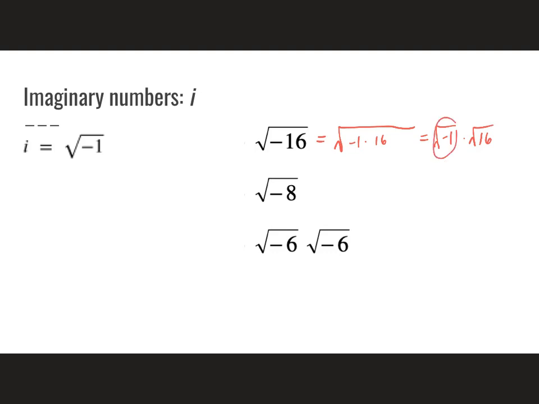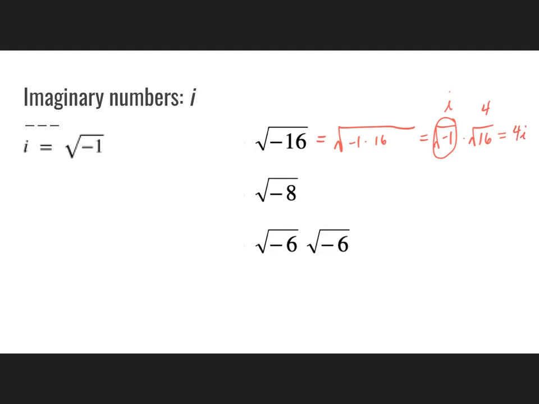Now, this square root of negative 1, this is exactly our definition for i. So I'm just going to replace that negative 1 with i. And something else I also realized is that the square root of 16, I can take pretty easily, and that's going to be 4, right? And so I can actually just rewrite this as 4i.